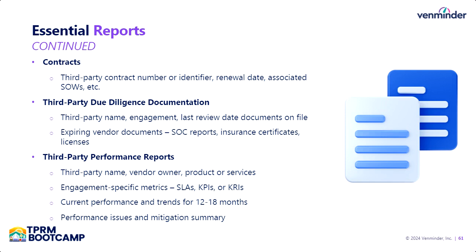We also want to have third-party performance reports, so what those SLAs, KPIs, or KRIs are. We want to look at those performance trends for 12 to 18 months and notate any issues that are open and what the mitigation plans are.